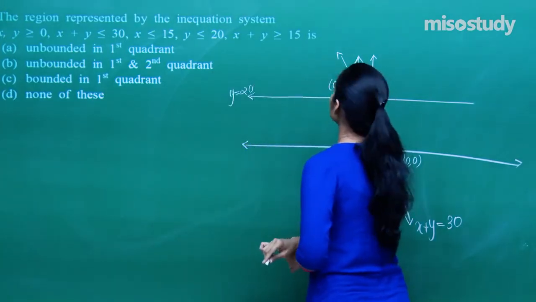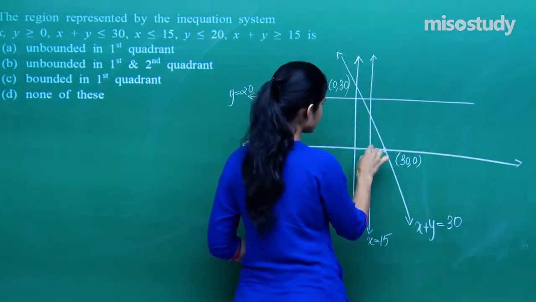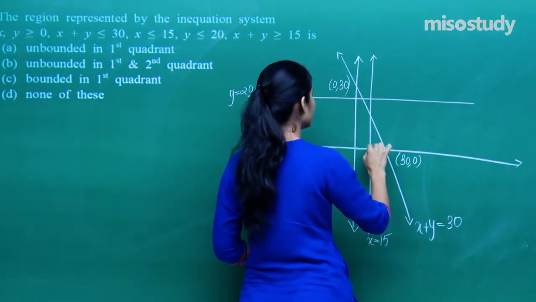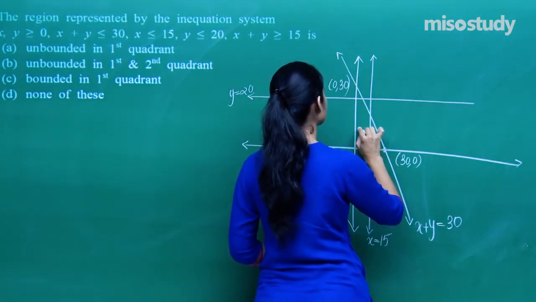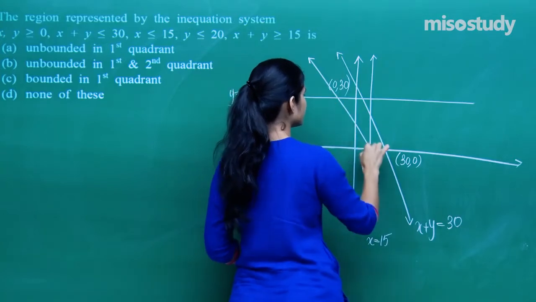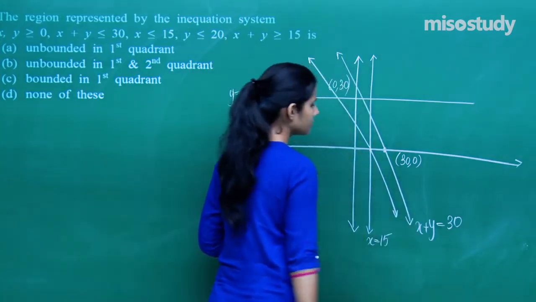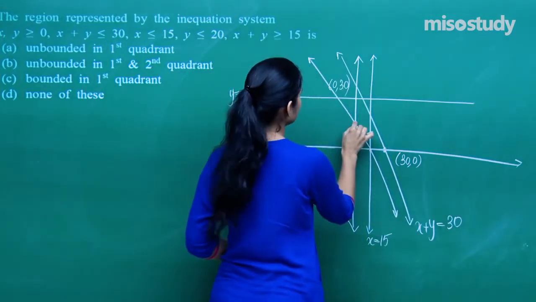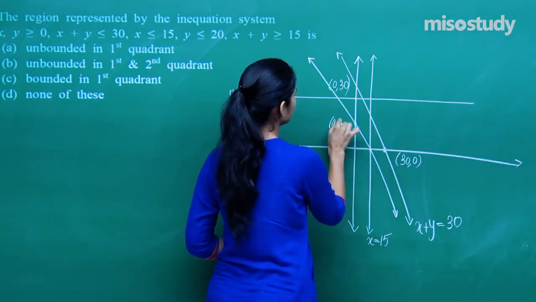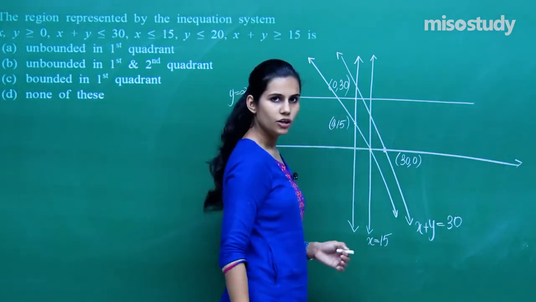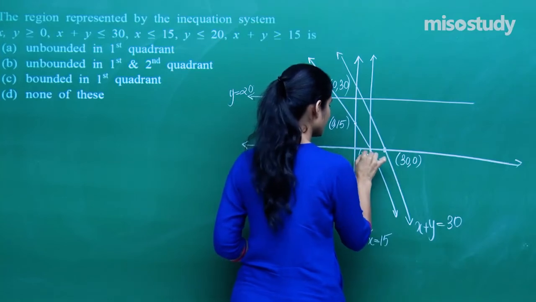And x plus y is greater than or equal to 15. So this is 15, and this is also 15.